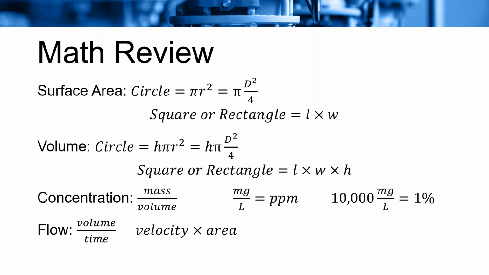Then the final one I want to mention is flow, which is typically the volume of water over time that passes through a particular point. This is typically measured in gallons per day, millions of gallons a day, cubic feet per second, or even in SI units, the metric system. It can also be measured as velocity times area.